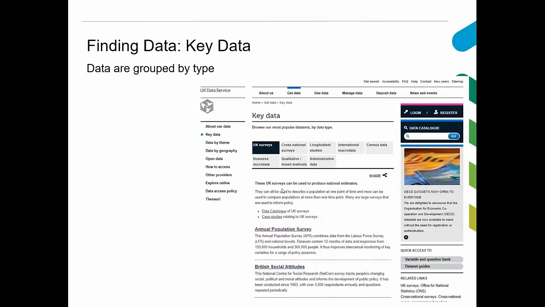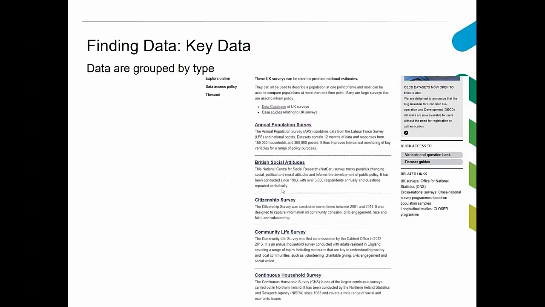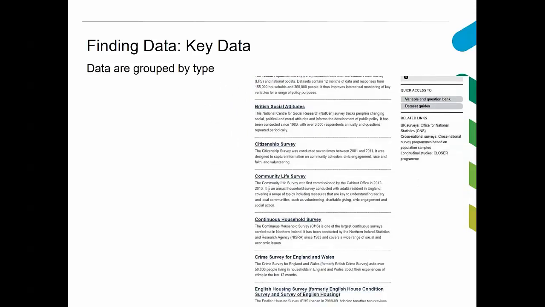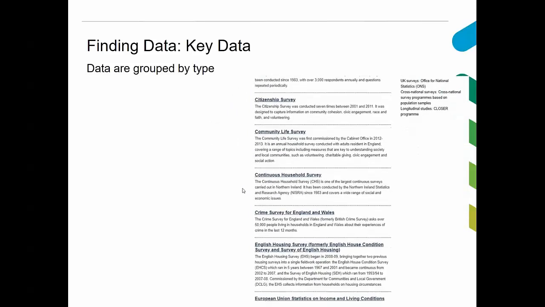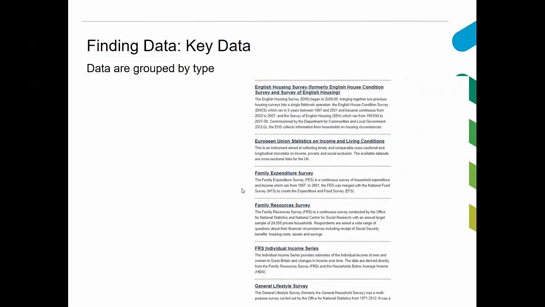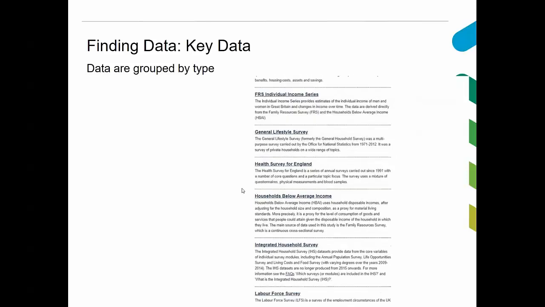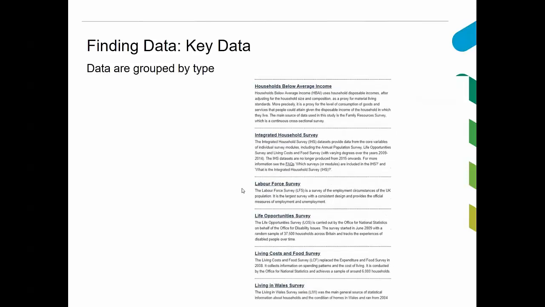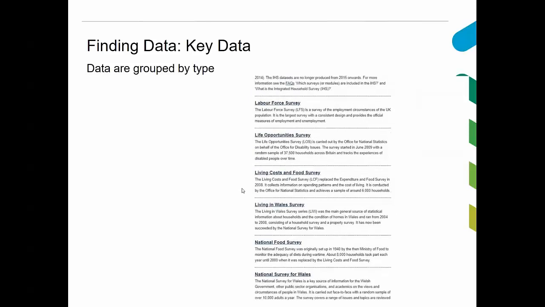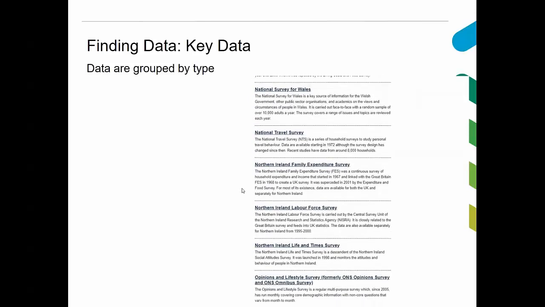Here, data are grouped by type, and this is an example of the UK surveys. These are cross-sectional surveys that gathered information from all over the UK. This page lists the main surveys, not all of them, but the most popular ones that fit the criteria of UK cross-sectional survey.